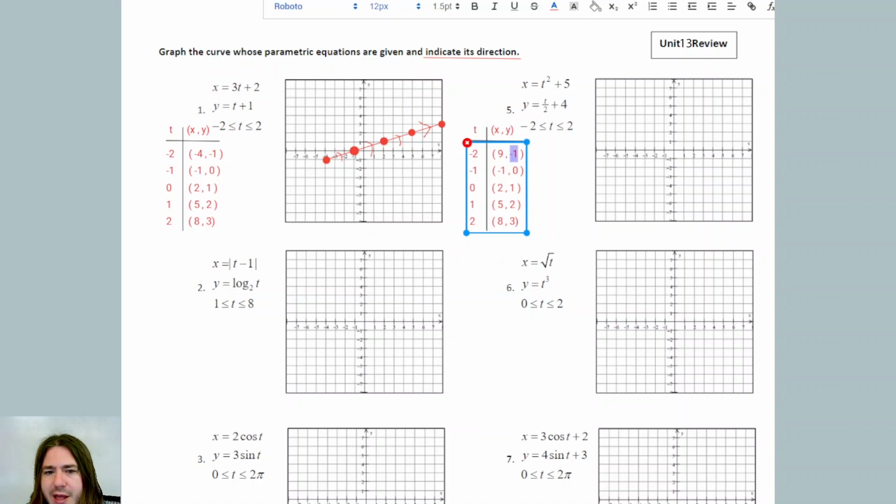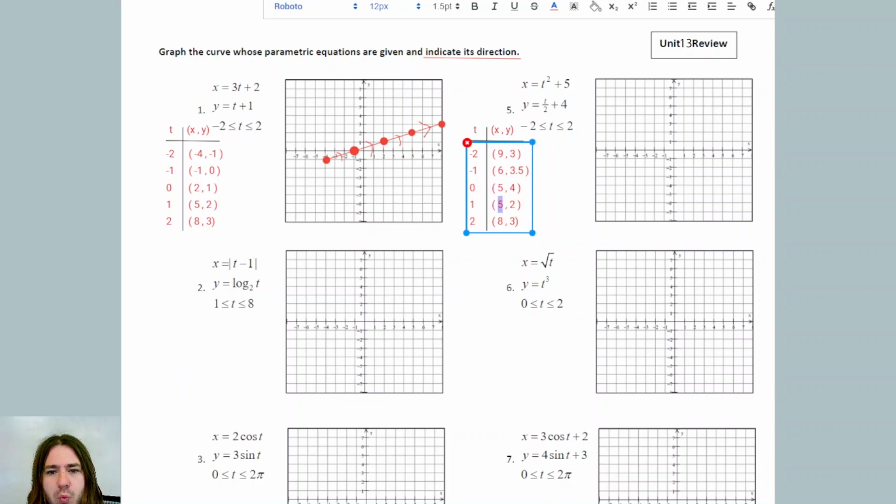For y, -2 divided by 2 would be -1, plus 4 would be 3, so 9, 3. And then if I plug in -1, it'd be 1 plus 5 is 6. And then -1 half plus 4 would be like 3.5. 0, if I plug that in, I'll get 5, 4. 0 is usually easy to compute.